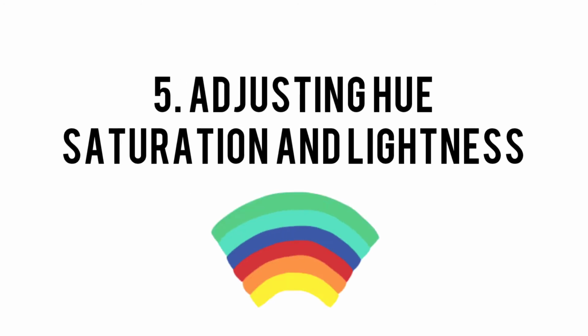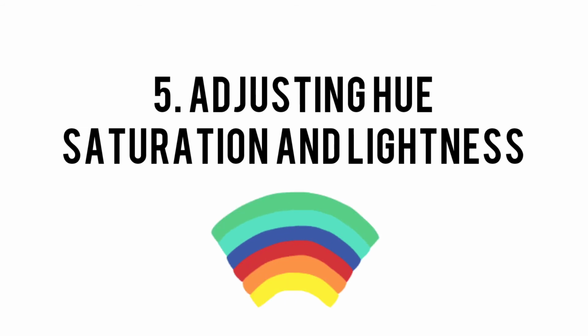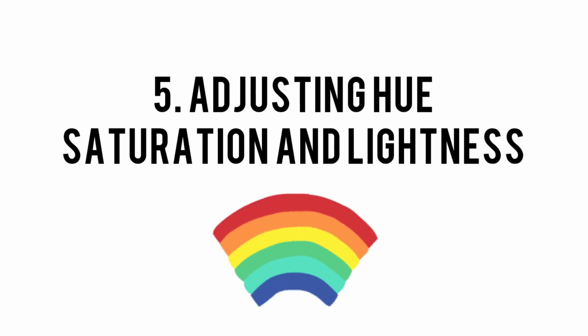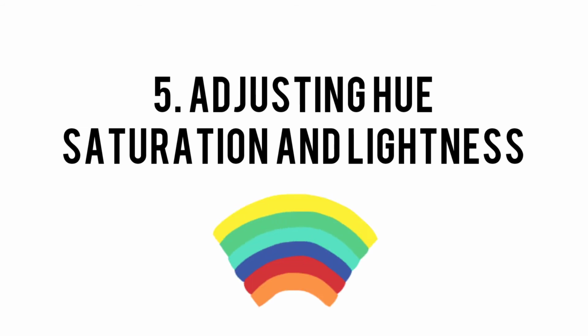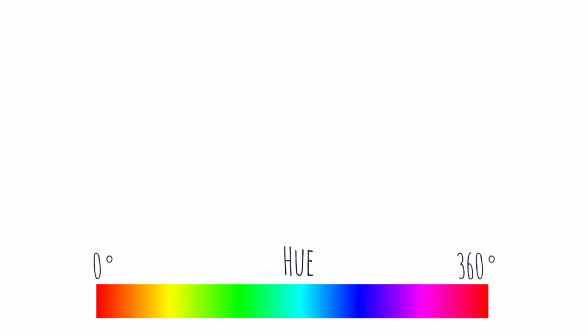Adjusting hue, saturation, and lightness. The Color Replacement tool that we have used in the previous section is only one of the several tools that can be used to change color. Another way to change or modify colors in an image is through the Hue and Saturation command. Hue refers to the specific tone of color.